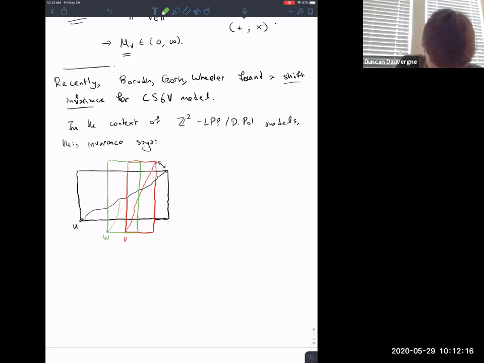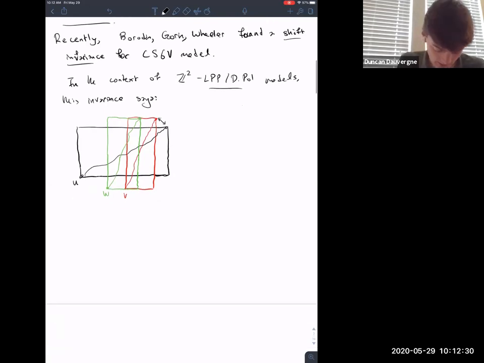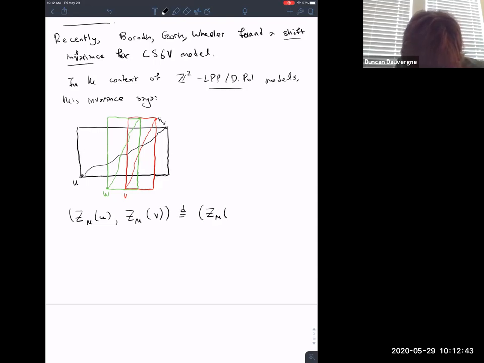So again, W and U have the same crossing structure where every path from the two corners of W crosses every path from the two corners of U. And so this shift in variance for the stochastic 6-vertex model, if you think about what it should say for last passage and directed polymers, it gives you that Zm of U, Zm of V is equal in distribution to Zm of U, Zm of W.